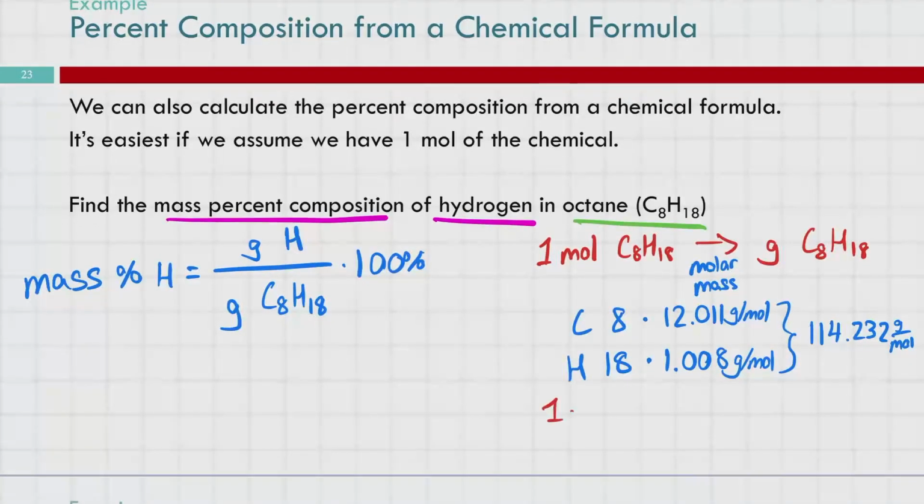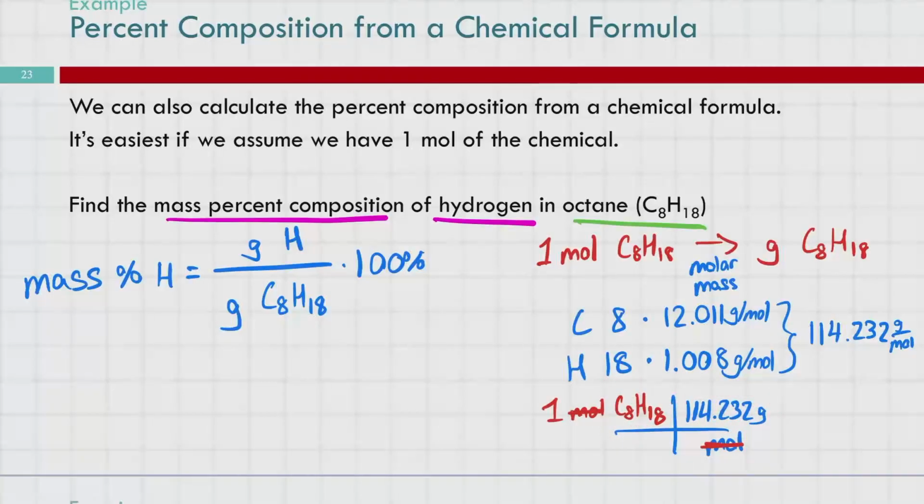Now what happens if we take 1 mole and multiply it by our molar mass? Very little, right? Almost nothing happens. All that this does really is our moles cancel, and now we've got our amount of octane in grams.